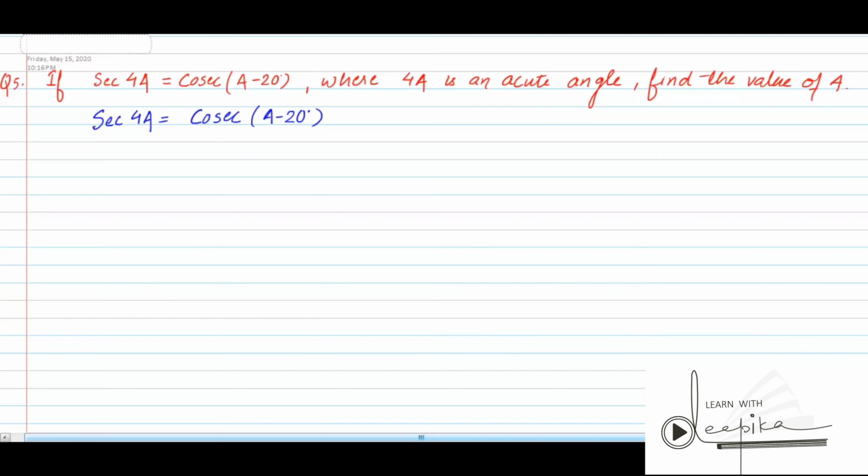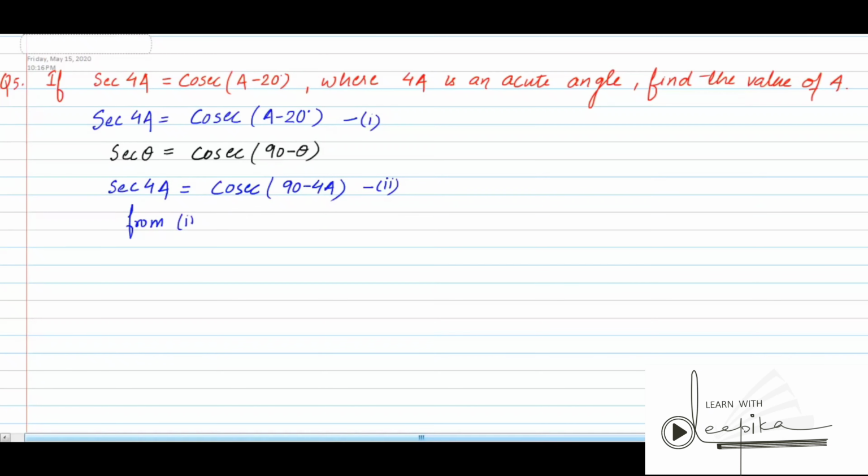Like by using the formula, I'll write sec theta is equals to cosec 90 minus theta. That's a formula. Using this formula, you can write sec 4A is equals to cosec 90 minus 4A. Now this is our equation number 1 and equation number 2.